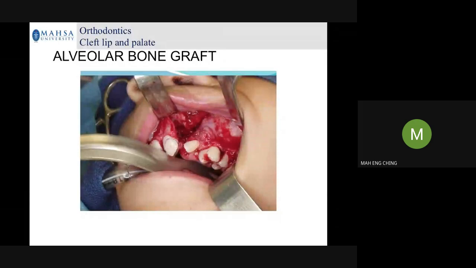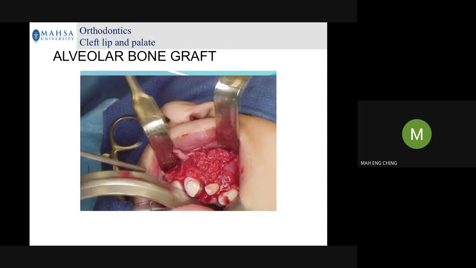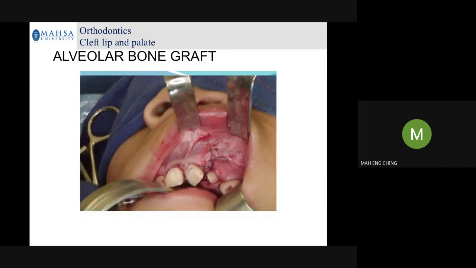Then unfortunately, you have to go for a second bone graft. Maybe this time we take from the left, and the next time from the right. Or if both sides are already done, then we take from another site like the mandible, or use some artificial bone graft. So sometimes these kids have not only one surgery, but multiple surgeries. Poor kid. So you see they pack the bone nicely, and after that they close the flap.